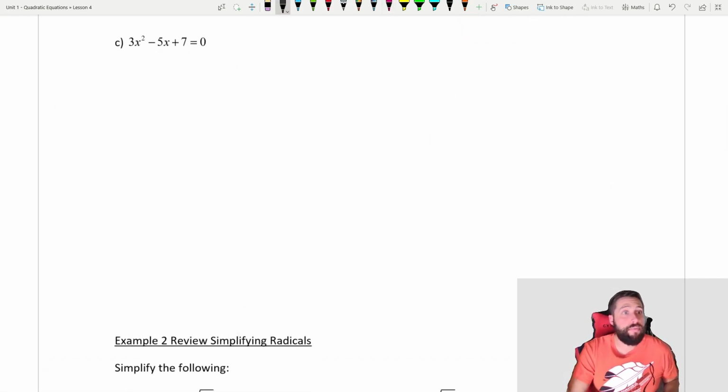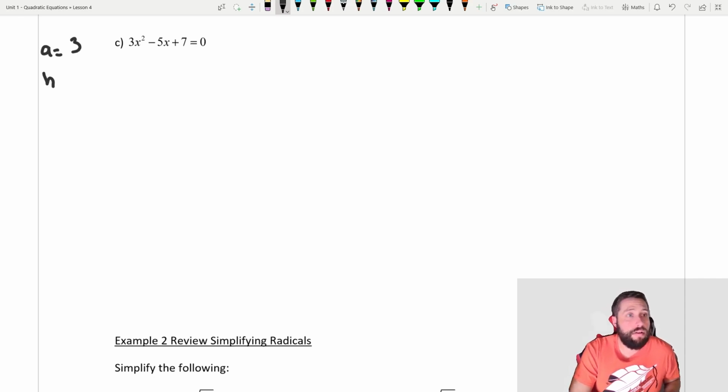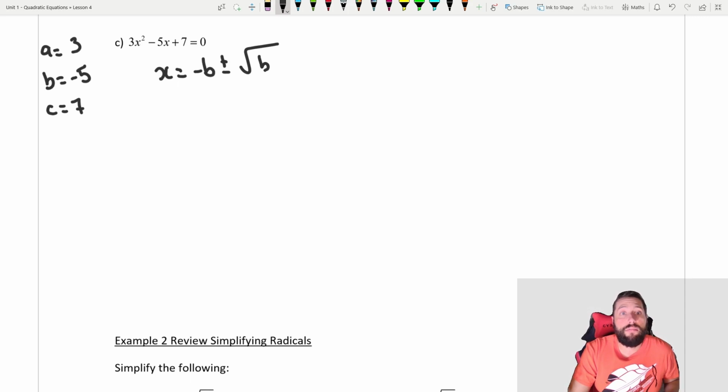C, we have 3x squared minus 5x plus 7. So we have a is equal to 3, b is equal to negative 5, and c is equal to 7. So this is going to be x equals negative b plus or minus the square root of b squared minus 4ac, all over 2a.